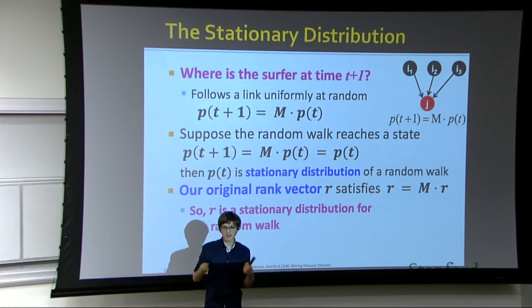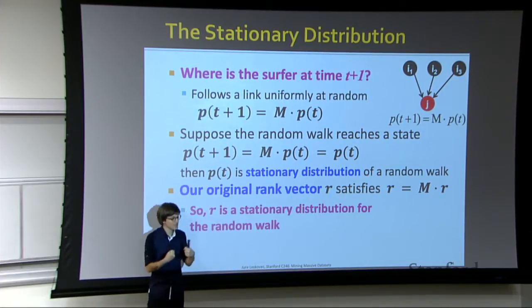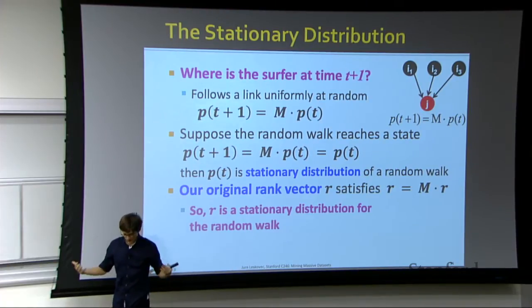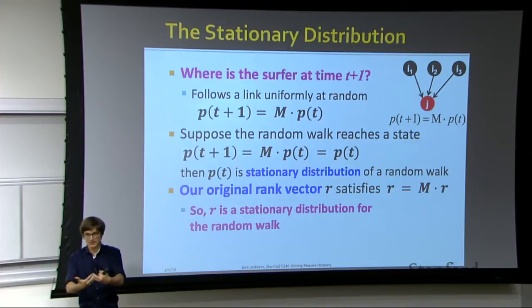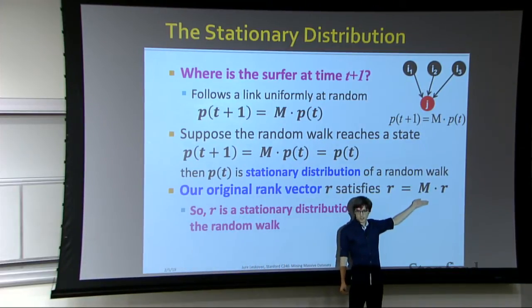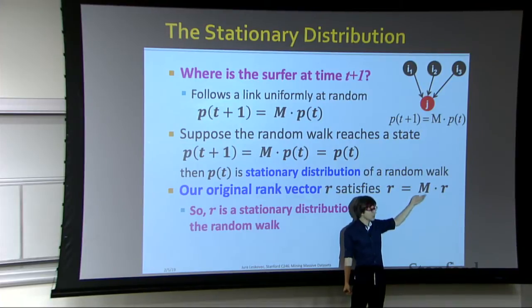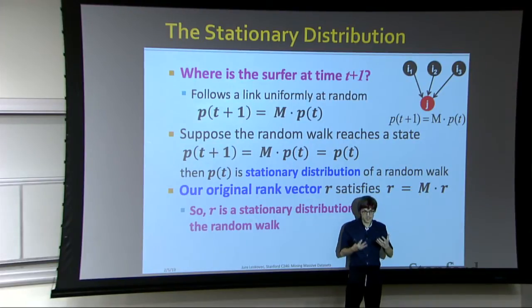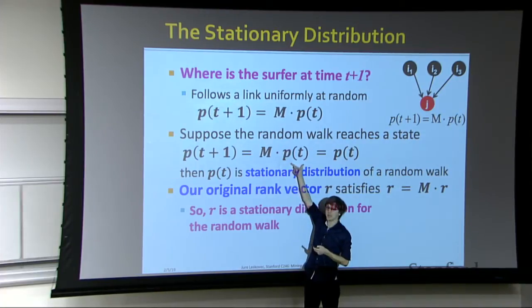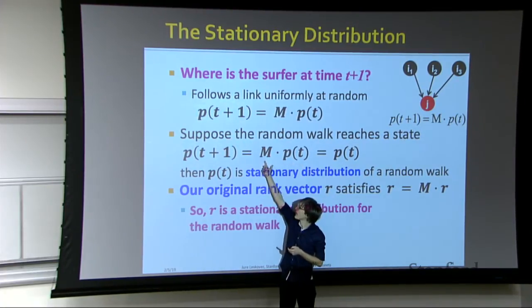What I said right now is a lot and it's important, so I will say it again. What's important is that two different intuitions came together under the same mathematical formulation. One was the flow equations, where the eigenvector that corresponds to the leading eigenvalue of this matrix M is equivalent to thinking about the RandomSurfer and the probability distribution of where this RandomSurfer is, and where it ends up as the surfer makes a step.